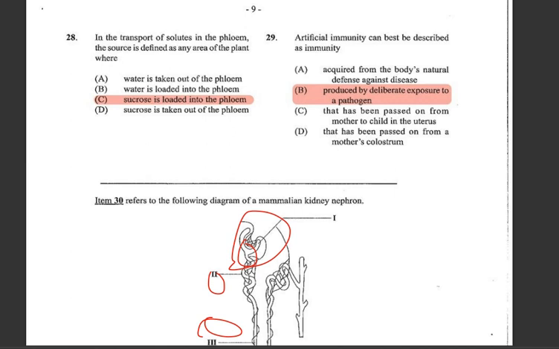Alright, number 29 here, they're talking about artificial immunity.